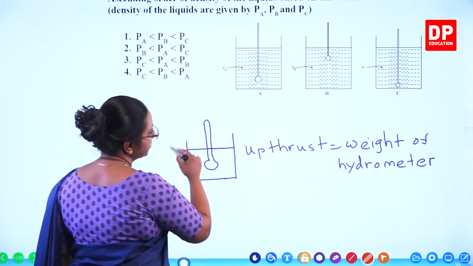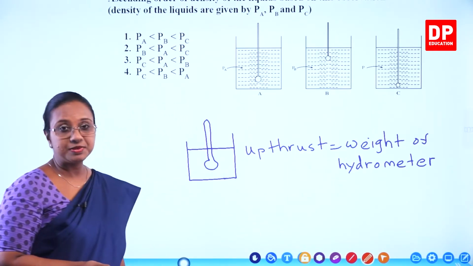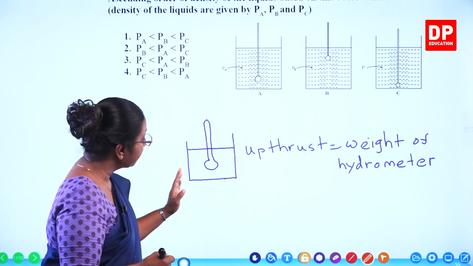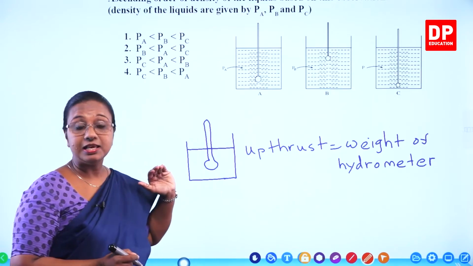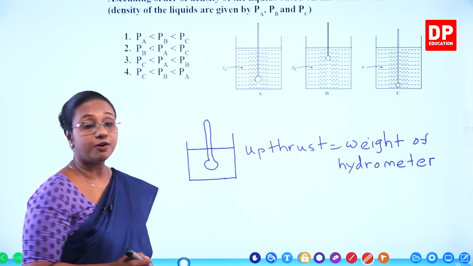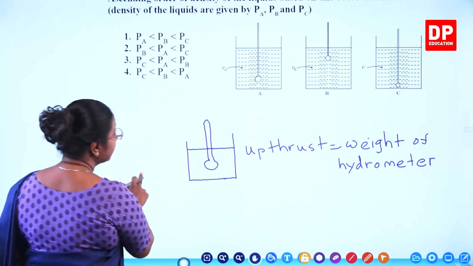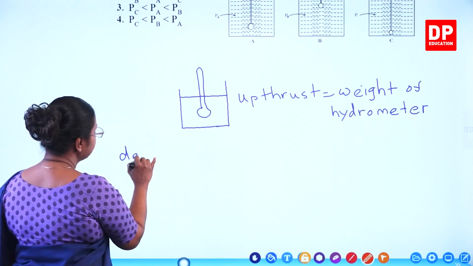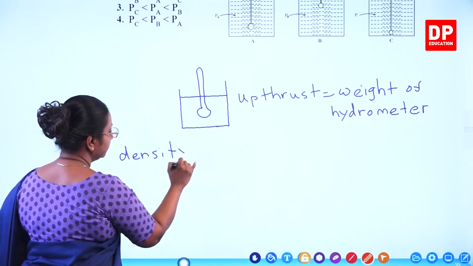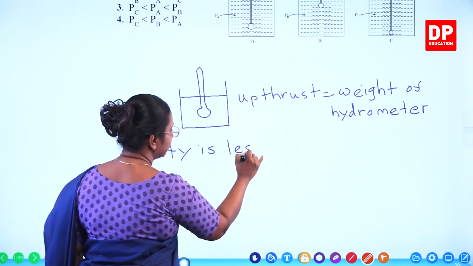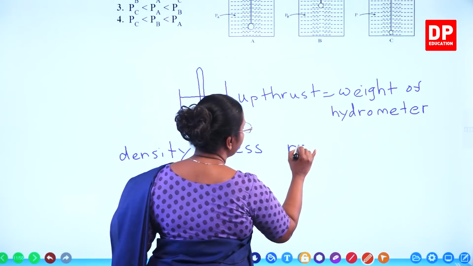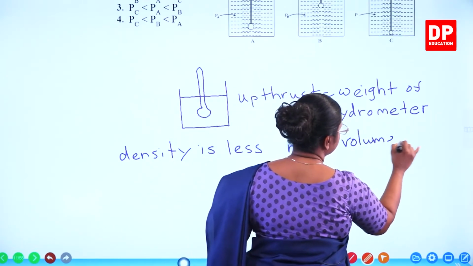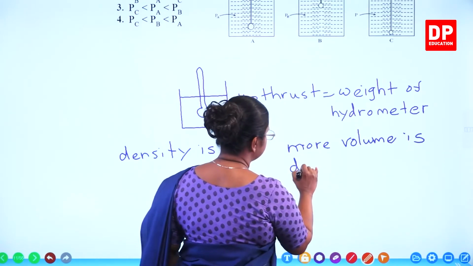So, here students, as you know from the Archimedes principle and the concept of hydrometer, an upthrust has to be exerted by the liquid that is equal to the weight of the hydrometer. And this is the relationship. You all can remember that. When density is less, then more volume is displaced. Why?